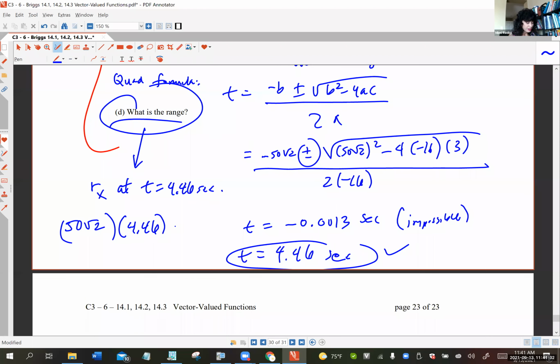Then use your nice calculator, and I get roughly 315.5 feet, because we're using the English system. So that's how far away from home plate that ball is going to be when it finally hits the ground.